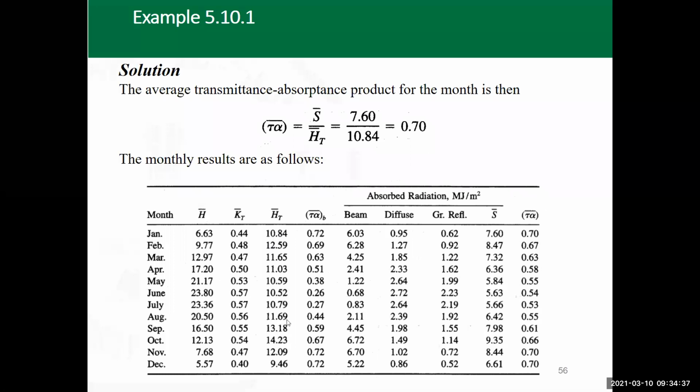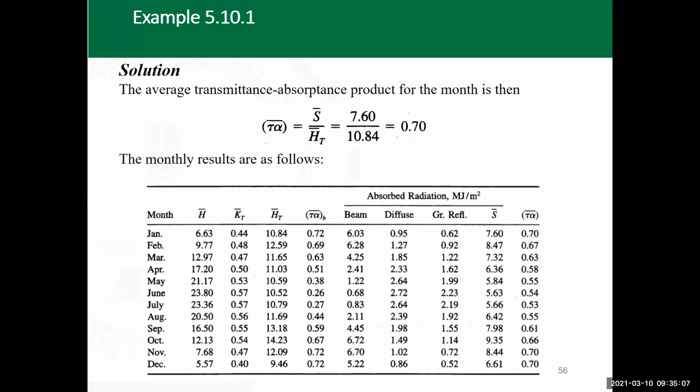So we're looking at HT, S, and tau alpha. If we're going to repeat the same thing for a single glass, what are your expectations? For example, for January, will the value of HT be the same or will it change? Will the value of S be the same or change? Will the value of tau alpha average be the same or change?